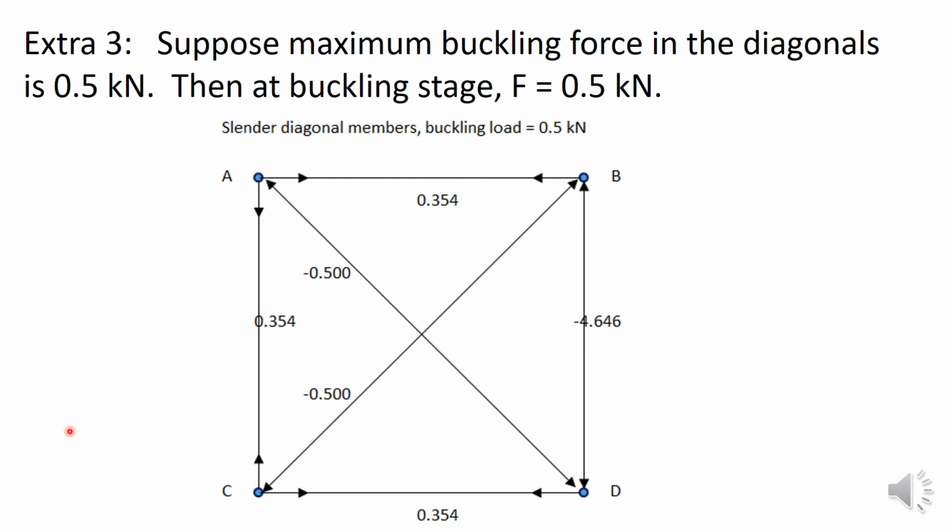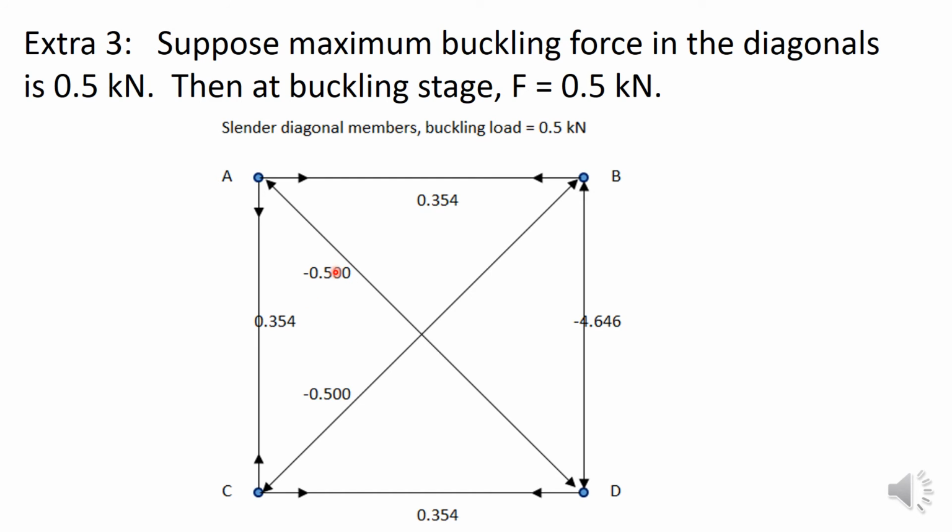In the previous cases, the compressive force in the diagonals was greater than 0.5 kilonewtons. But suppose the diagonals were made slender with a buckling force of 0.5 kilonewtons.